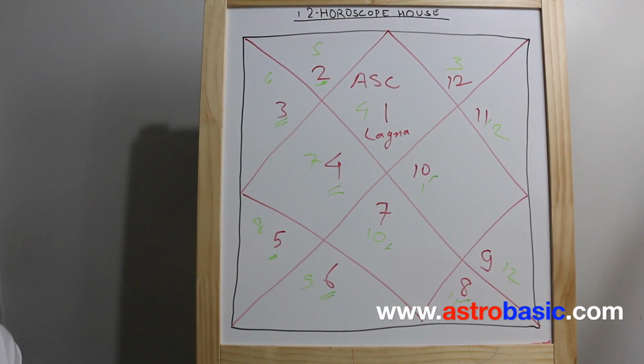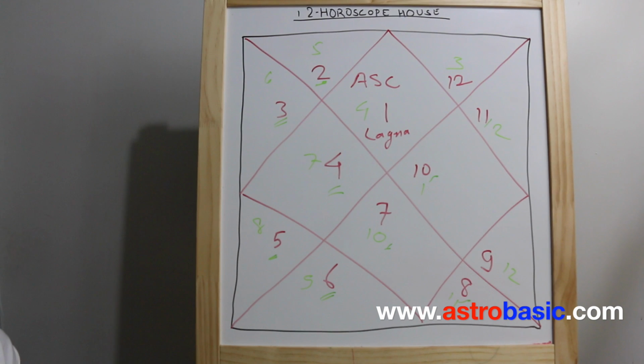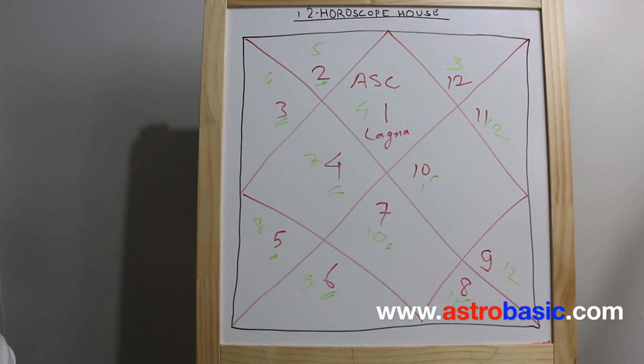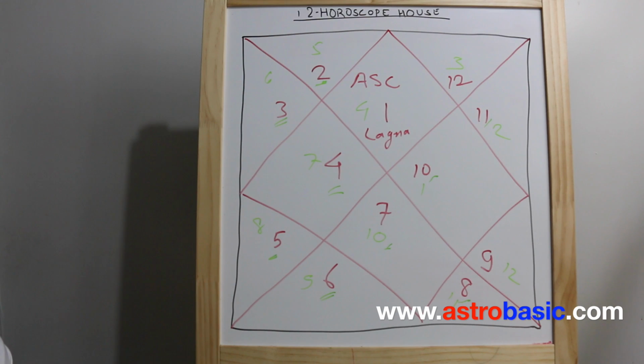In this material world, this house is very important, because all the gains, or the fulfillment of your desires, can be seen from the 11th house. So if your 11th house is strong and a lot of planets are representing that house, that means most of your desires will get fulfilled.